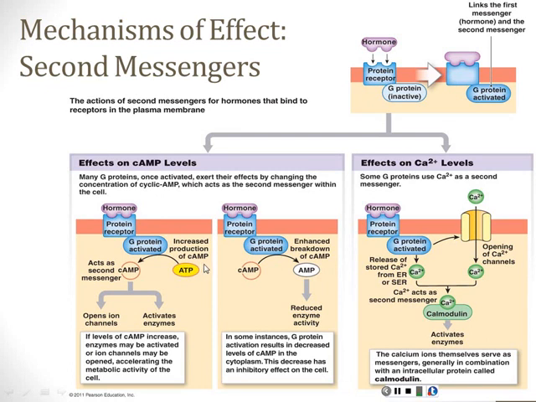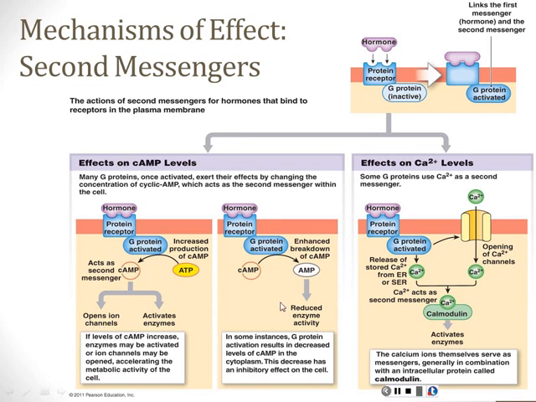So that's one example. Another example sort of goes in reverse. And that is a G protein activation can reduce the amount of cyclic AMP as well. So in this case, cyclic AMP levels go up. In this case, cyclic AMP levels go down because it's being turned back into the straight form, right? So this would be stimulatory because the first messenger causes an increase in the second messenger, and then the second messenger causes things to happen.